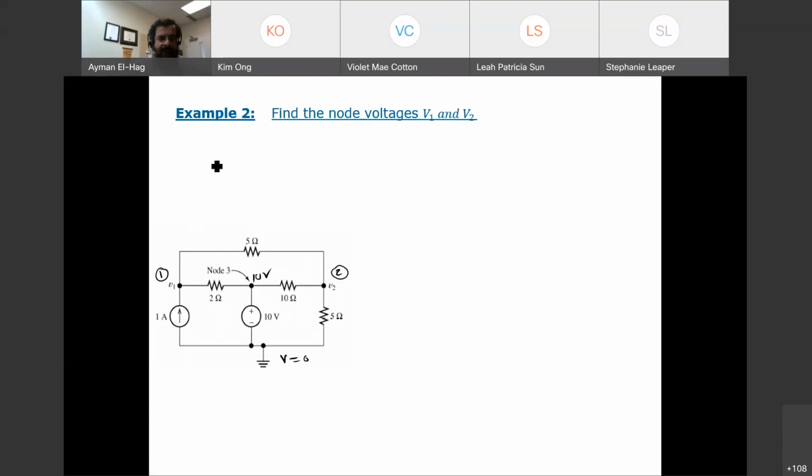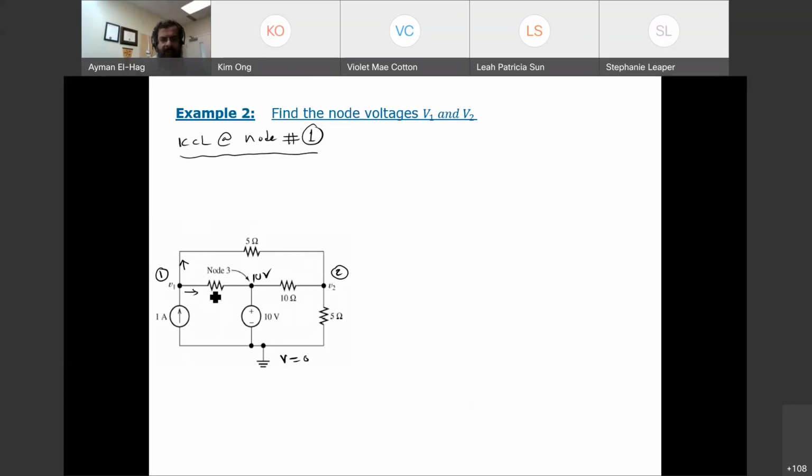So I will say here KCL at node number 1. So again, this is a current that enters the node. Do not touch it. Leave it as it is. This current, I will assume it leaving the node, and this current also leaving the node. So, okay, let's see the equation now. Now we will solve this question fully.